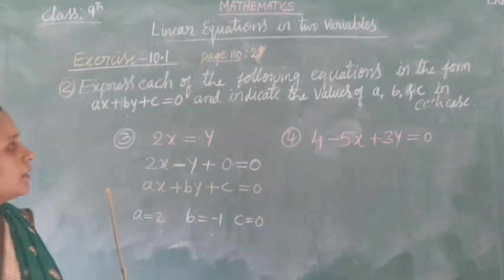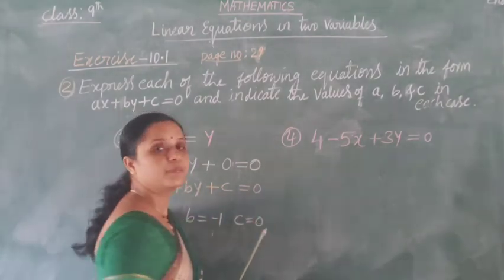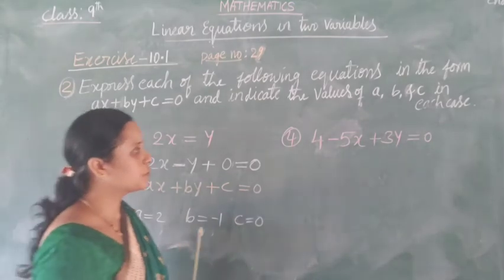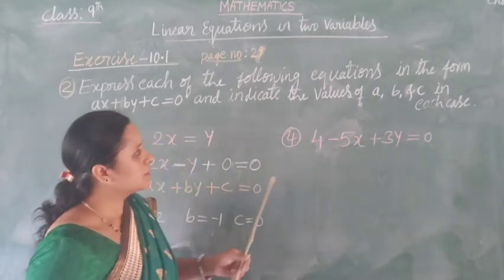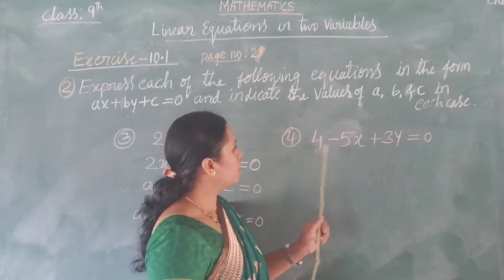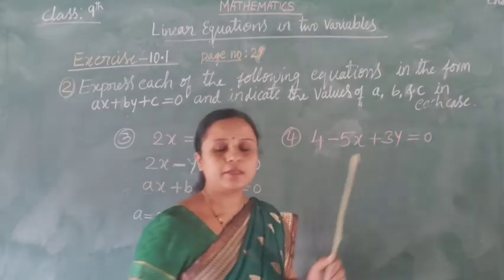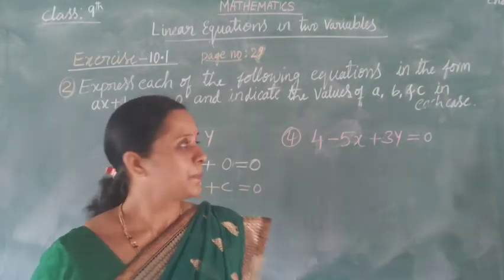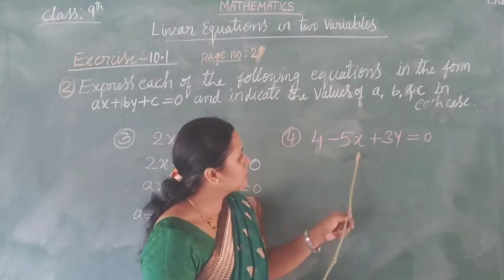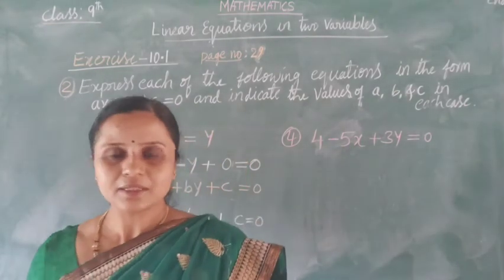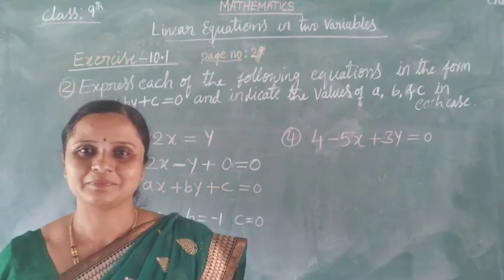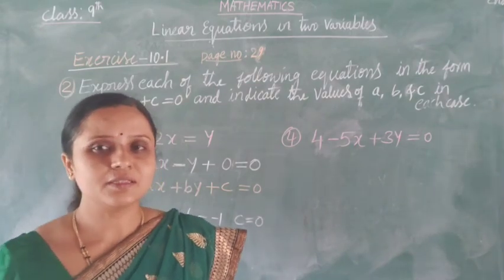Similarly, you can take the fourth question. Now we can see the fourth question. 4 minus 5x plus 3y equal to 0. Is it in general form? No. It is not in the general form.